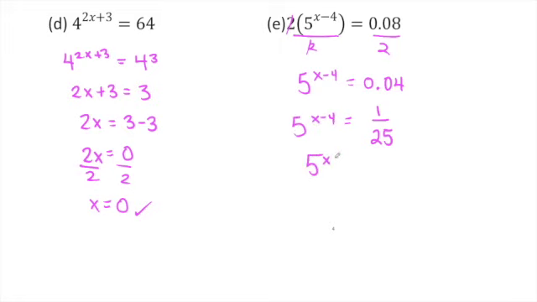You're going to write this as a base of 5, but then remember it's easier to write it with that negative sign, just like in that other example. Not negative sign, negative exponent. Okay, set those equal to each other because you have the same base of 5. Add the 4 to the other side.